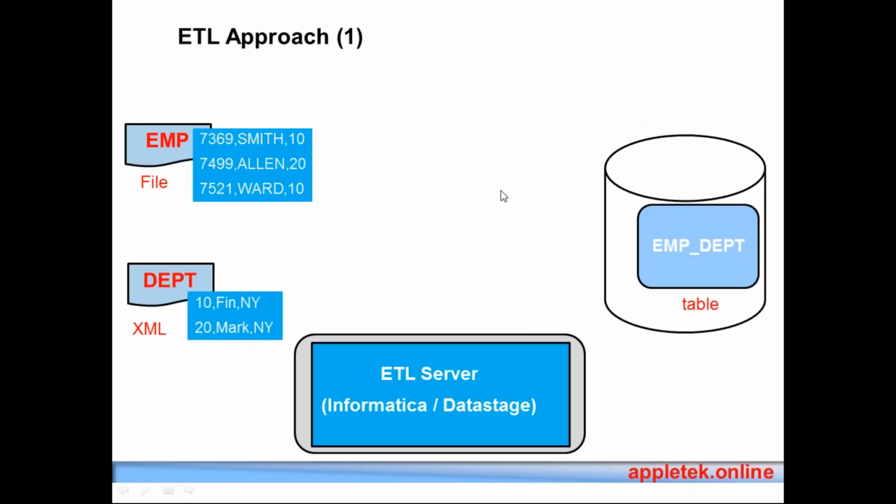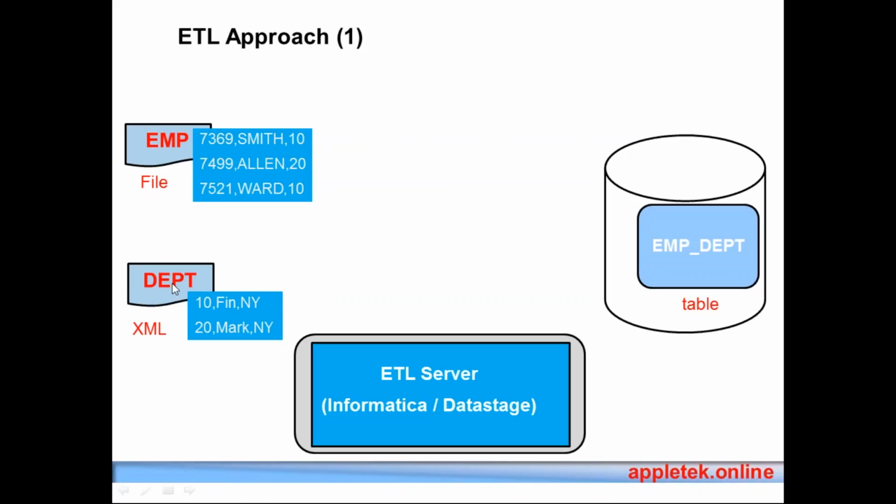Say for example I have some data in EMP in the form of a text file. Somebody gave me some employees information in a text file: employee IDs, names and then address.